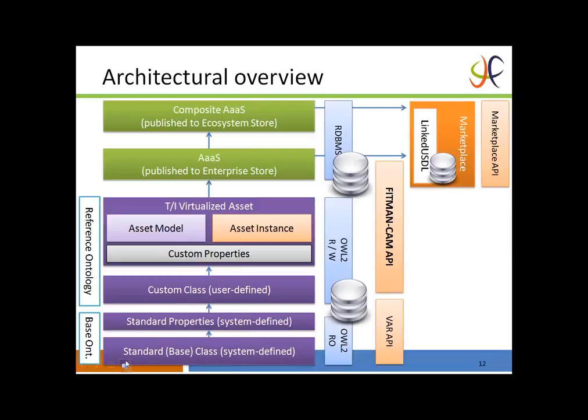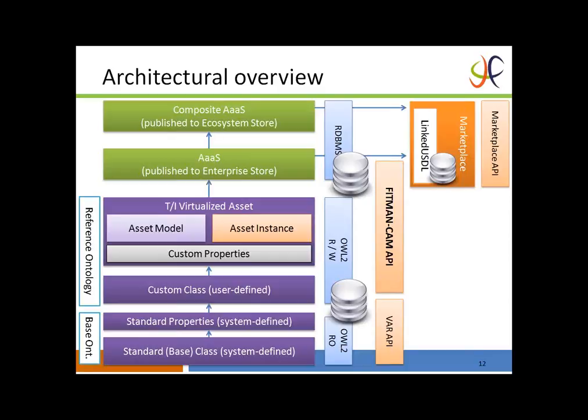So if you can see the pointer of my mouse, I hope so, then starting from the bottom, we have a base layer, the base ontology layer, where we have some base classes and base properties which are system defined, and you cannot change them. This is the basic infrastructure that is used to define your custom classes on the upper layer. So the custom classes are user defined.